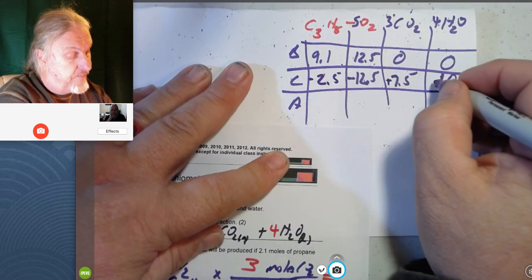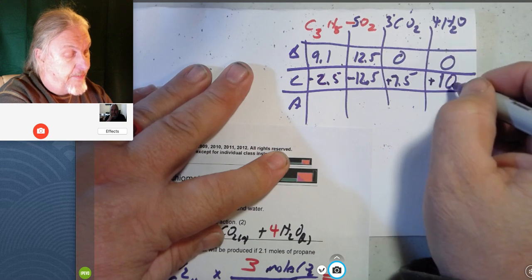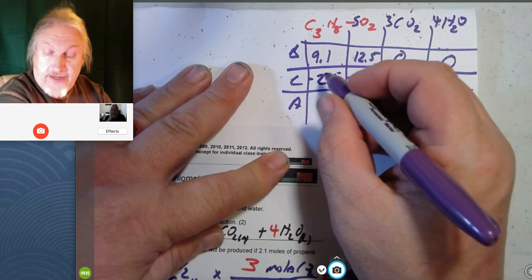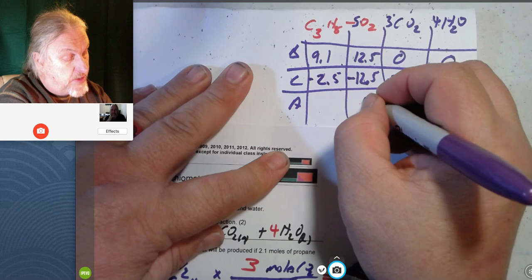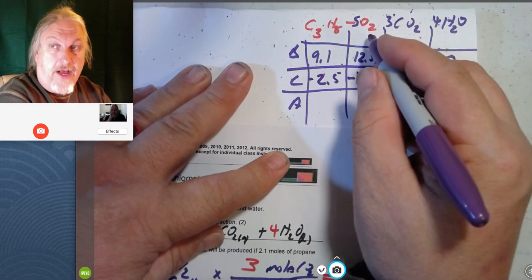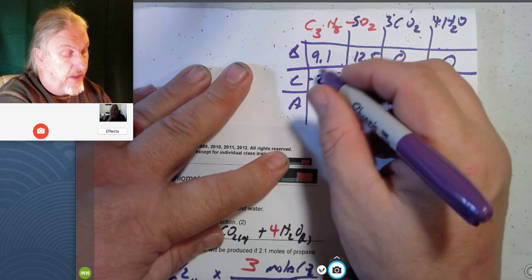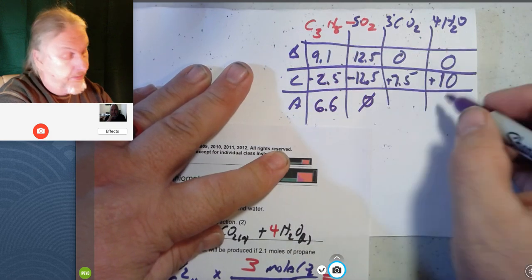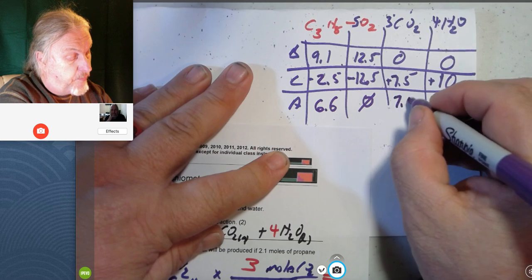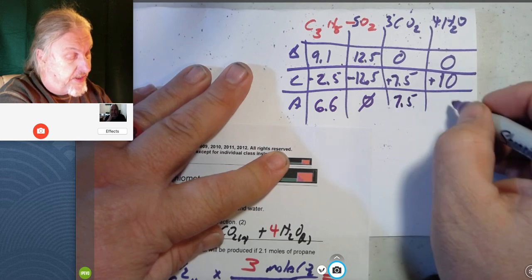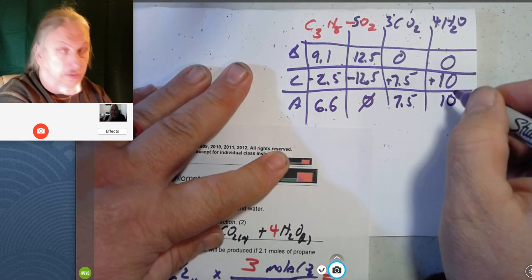I'm adding 7.5 of carbon dioxide. I'm adding 10 moles of water. Now I just do my math. I'm going to have 0 moles of oxygen left over, 6.6 moles of propane left over, 7.5 moles of carbon dioxide, and 10 moles of water.